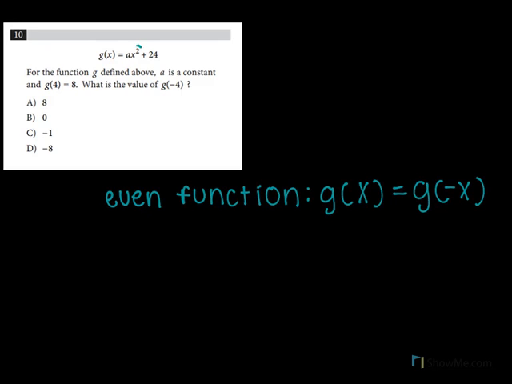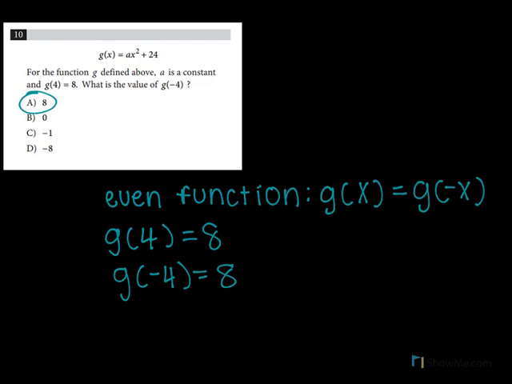And since x is squared, x wouldn't matter if it's negative or positive, because our value would still be positive regardless, because you're multiplying it by itself. So since g of 4 is 8, g of negative 4 would also equal 8, meaning our answer is A.